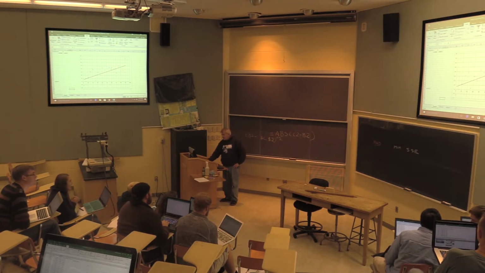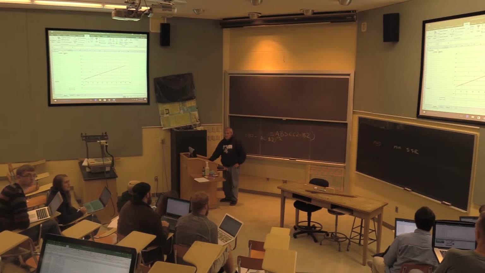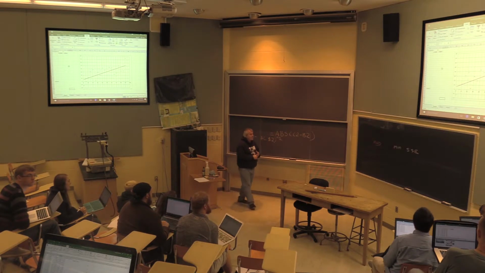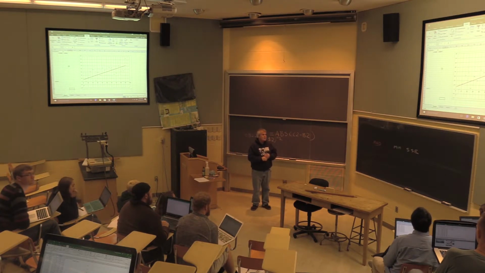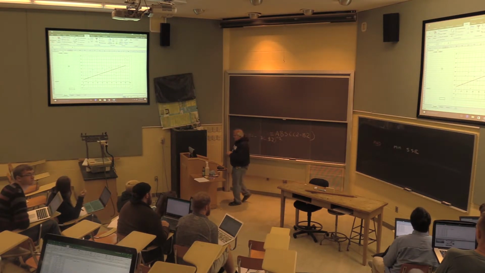Does everybody have something pretty close to 50368 and 5.9832? Okay, and so now what are our coefficients? What does that line look like if we had to write that?